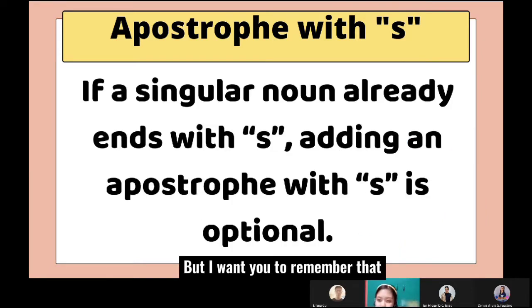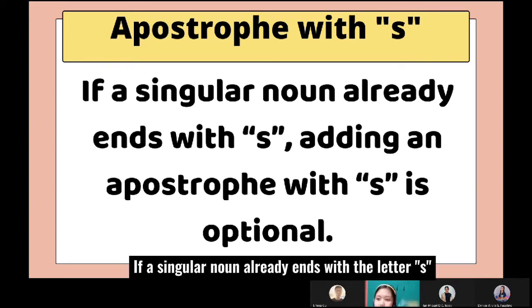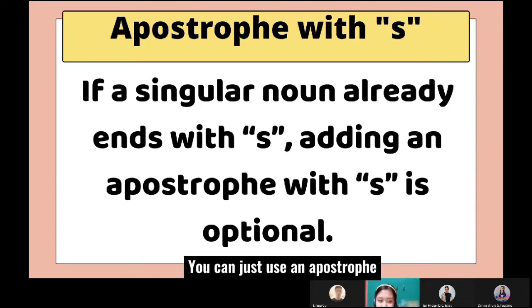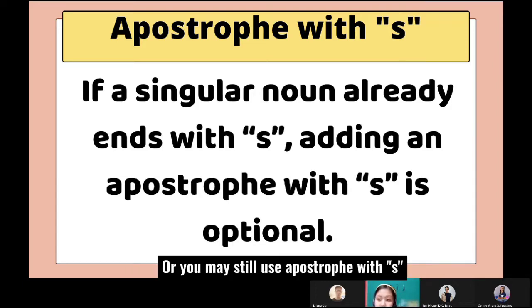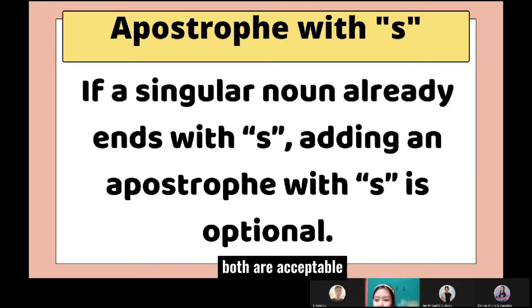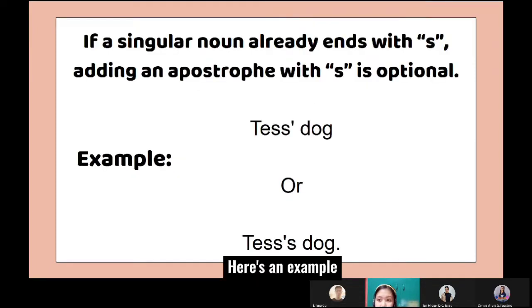But I want you to remember that if a singular noun already ends with the letter S, you can just use an apostrophe, or you may still use apostrophe with S. Both are acceptable. Okay, here's an example. Tess' dog or Tess's dog. You may use either of the two.